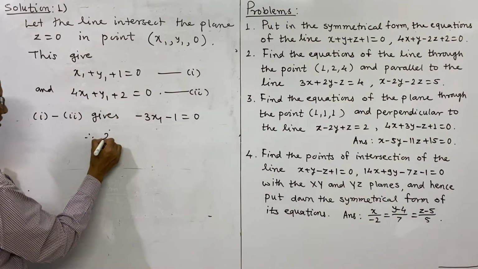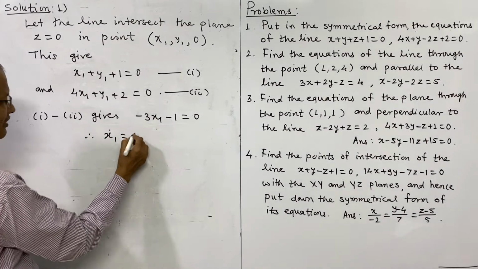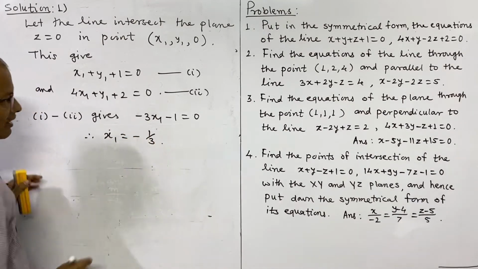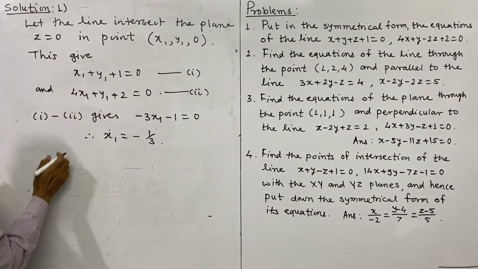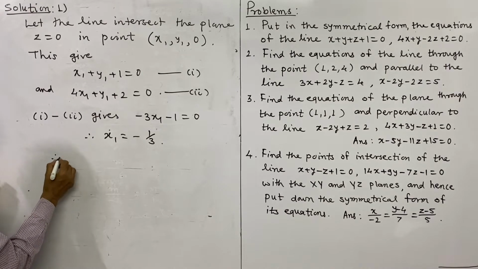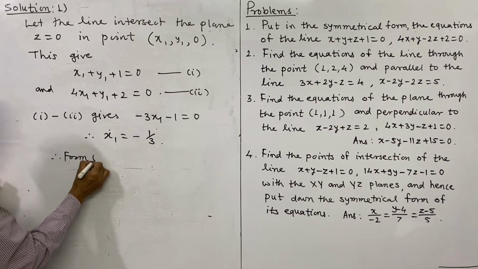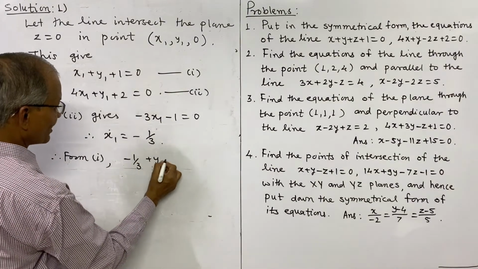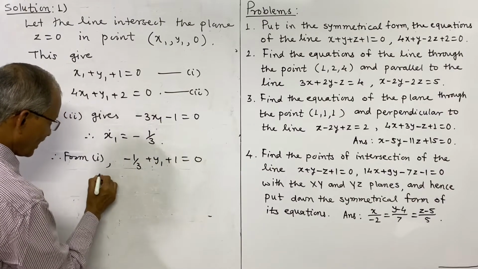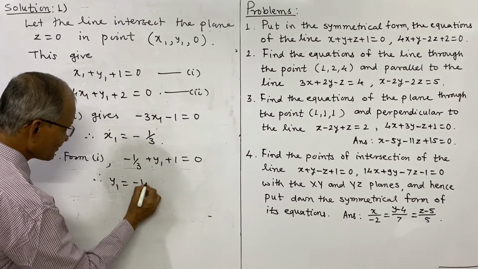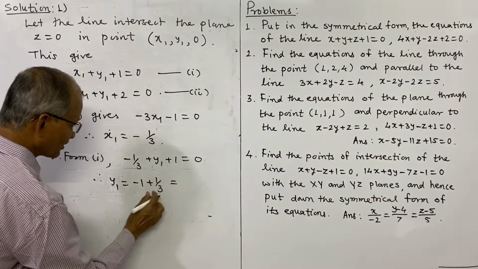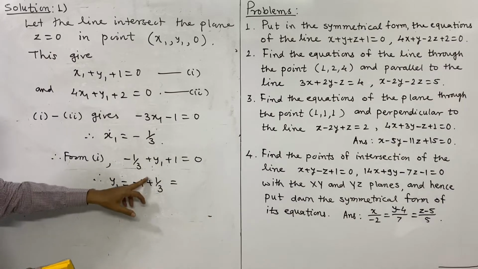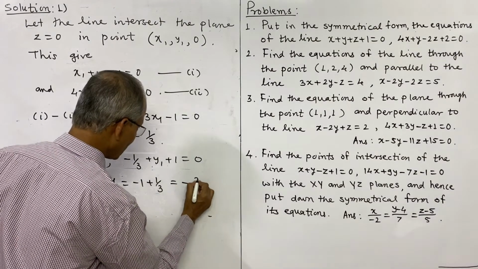And therefore x1 will be minus 1 by 3. And thus for y1, from the first, x1 is minus 1/3 plus y1 plus 1 is equal to 0, and therefore y1 will be minus 1 plus 1 by 3, that is minus 3 plus 1, minus 2 by 3.